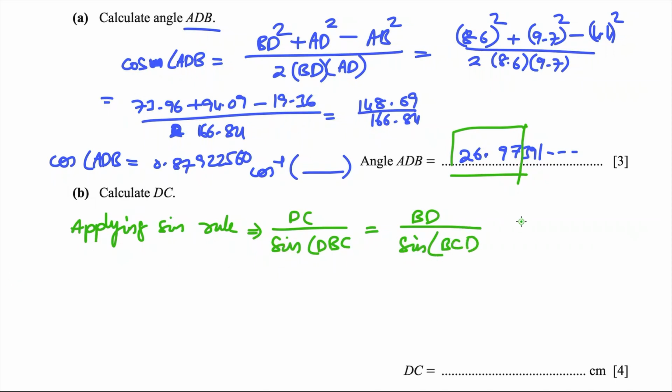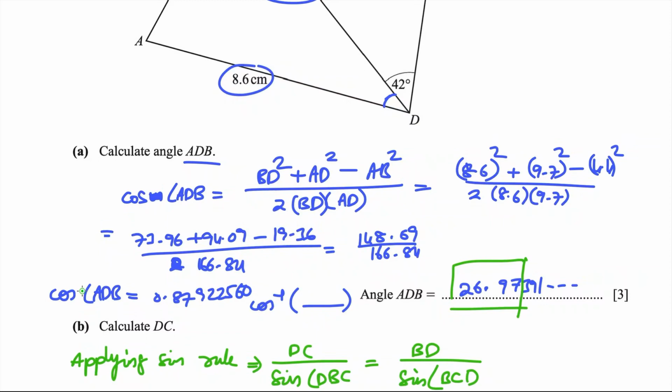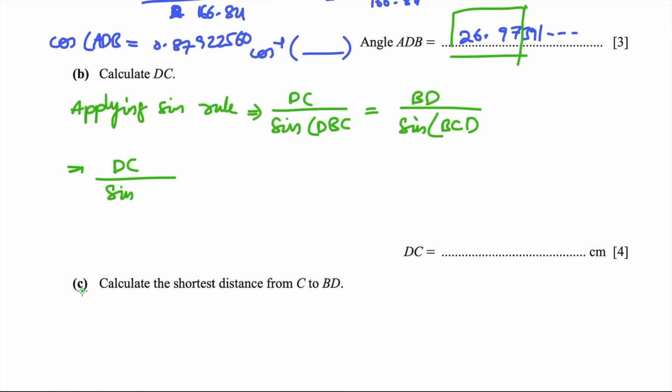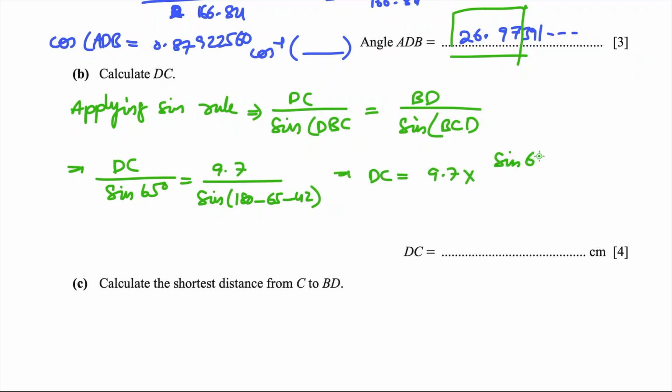So therefore DC divided by sine angle DBC, which is 65 degrees, sine 65, is equal to BD, which is given to be 9.7, divided by sine of 180 minus 65 minus 42. So therefore DC would be equal to 9.7 into sine of 65 degrees divided by sine of, now this value is 180 minus 107, which is 73 degrees.